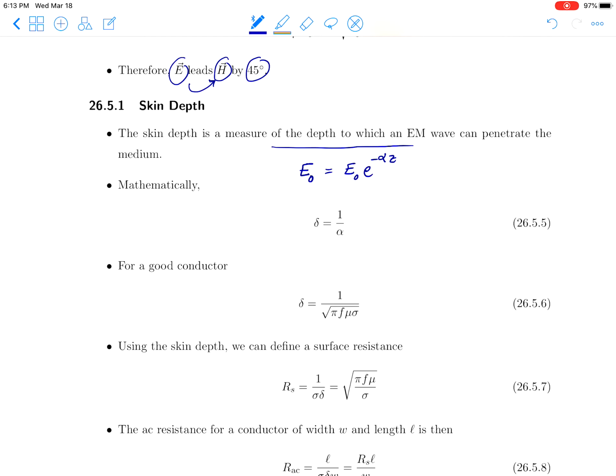To find the penetration depth, I want to find where e to the power negative alpha z is equal to e to the power negative 1. That means that the magnitude of the electric field at this point inside the material is almost 36% of the original magnitude.